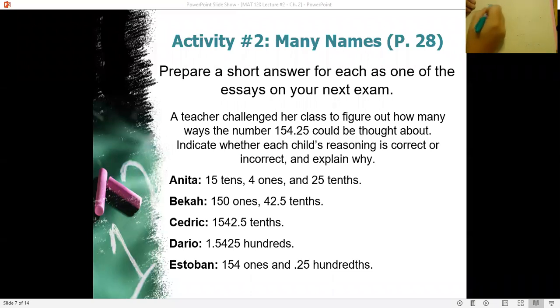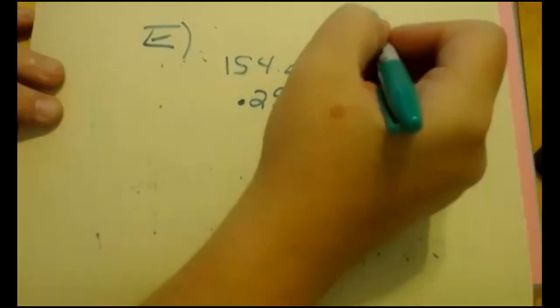This is for part E. And for part E, we're saying 154 ones, and we have 0.25 hundredths. And again, it's got that TH in there, hundredth. So is this an appropriate expression of our number, 154.25?